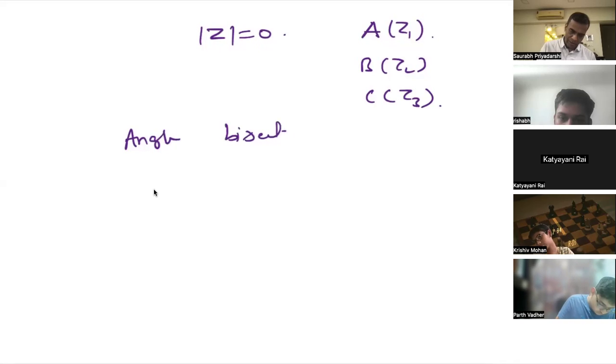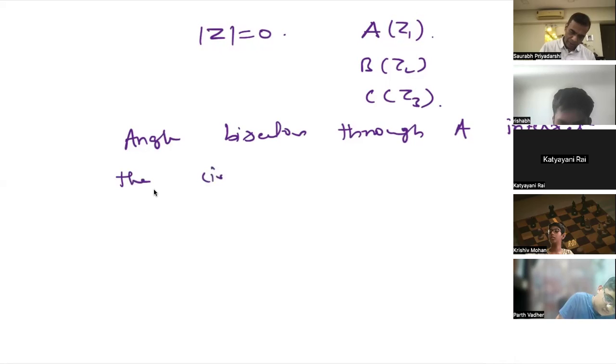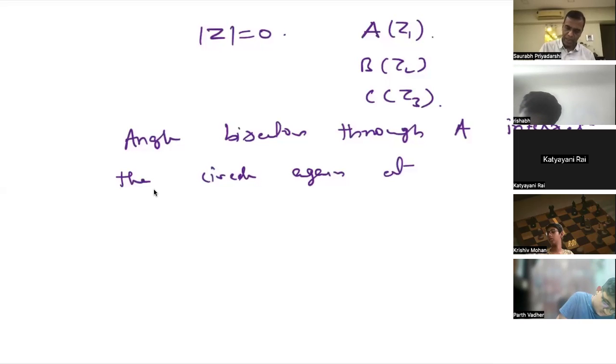The angle bisector through A intersects the circle again at Z5. Find Z5 in terms of Z1, Z2, Z3.